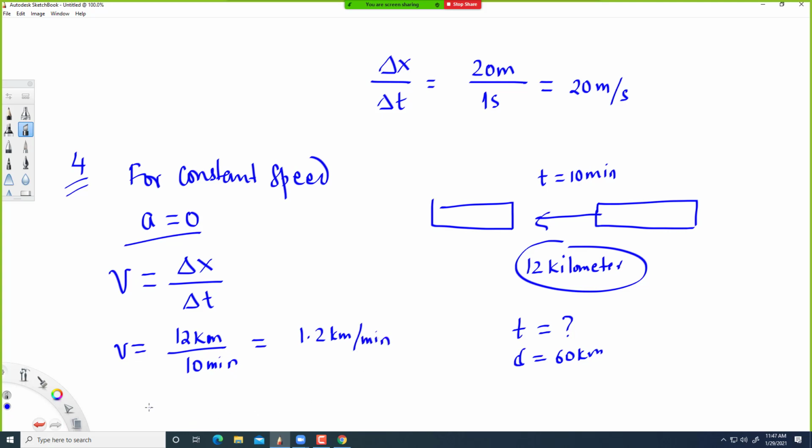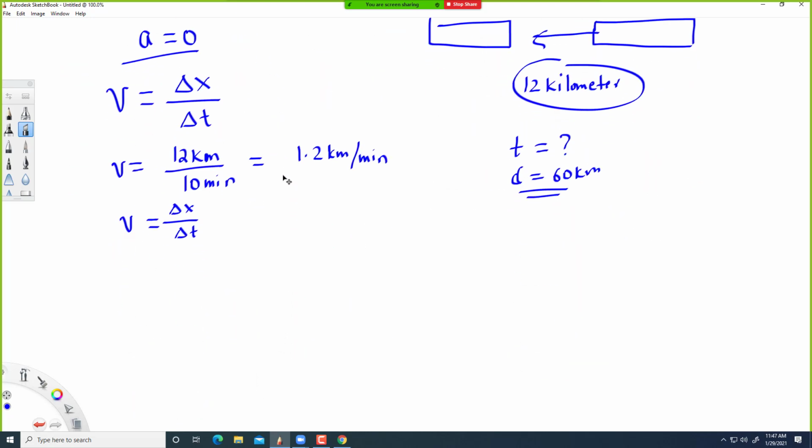And now for this one, the velocity is still the same because it's a constant velocity, but we need to find the time to cover 60 kilometers. So velocity, 1.2 kilometers per minute, is equal to delta x, 60 kilometers, over delta t. So you need to do the rearranging here.